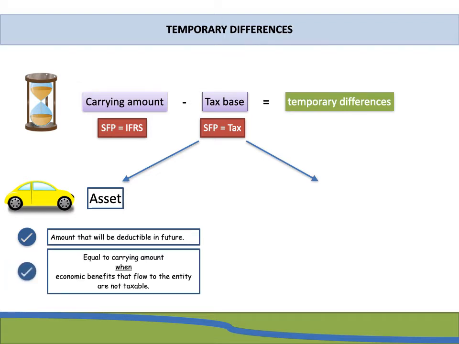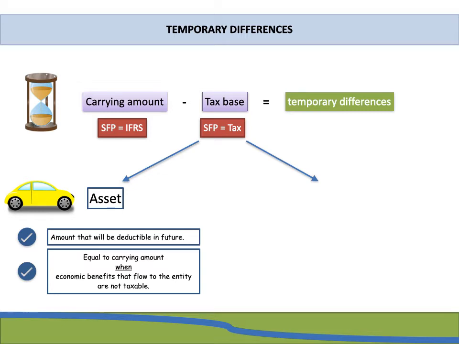However, it could or will also be equal to the carrying amount when the economic benefits that flow to the entity are not taxable. So if these economic benefits that flow to the entity are taxable, then your tax base is the amount that will be deductible in future. When these economic benefits are not taxable, then your tax base is equal to the carrying amount.